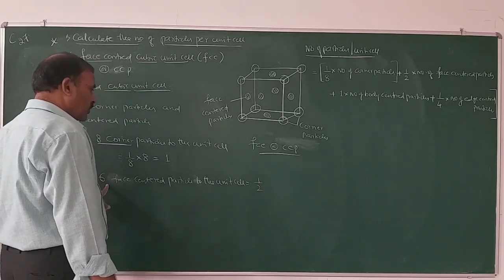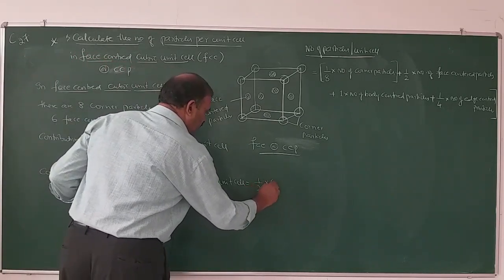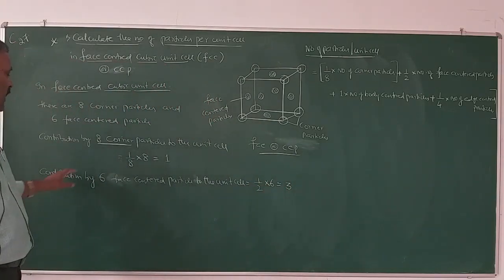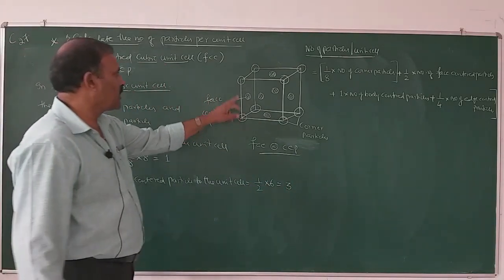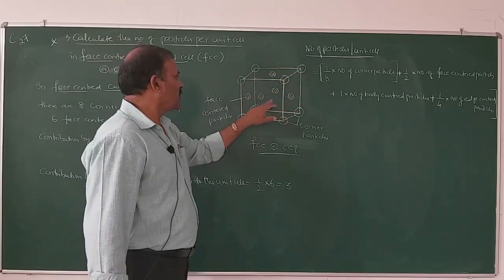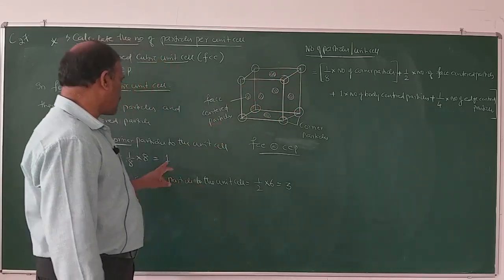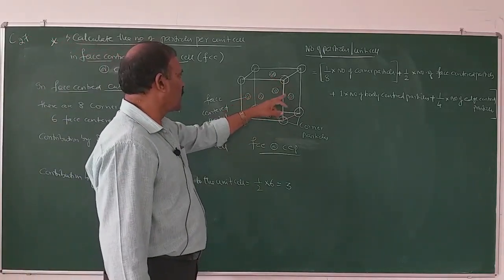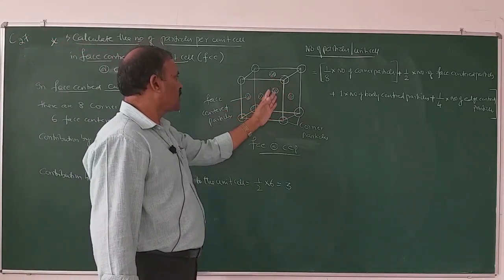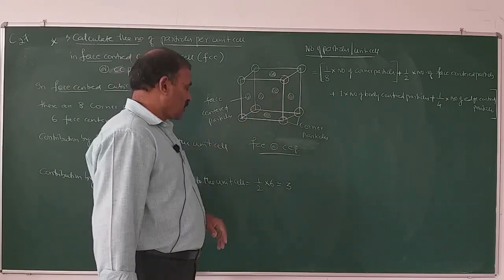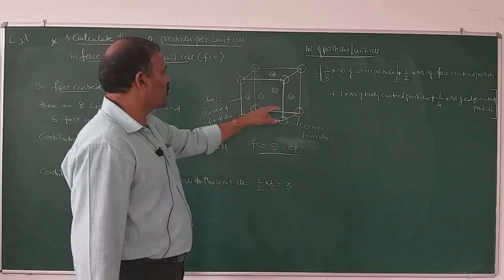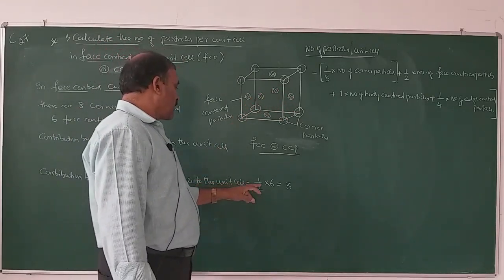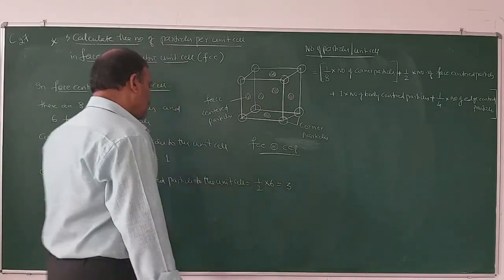So half into 6 equals 3. So contribution by 8 corner particles to the unit cell is 1 by 8 into 8, that is equals 1. Contribution by 6 face centered particles: each face centered particle is shared by 2 unit cells. Therefore, contribution by face centered particles to the unit cell is a half into 6, that is equals 3.